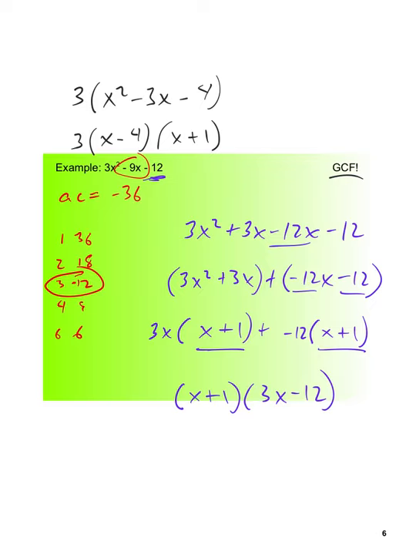Now, what you'll notice here is this second term has something that we can factor out of it, which is a 3. So I would here have an x plus 1, but then out of the second term, I can make this x minus 4 and factor a 3 out of it.